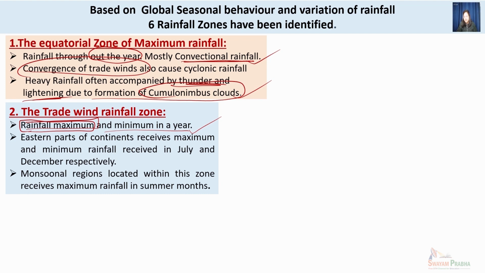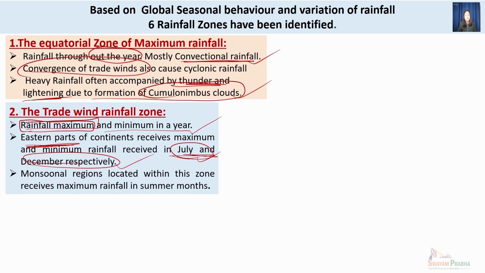The trade winds yield maximum precipitation mainly in the form of rain, and this rainfall is mostly experienced in the eastern part of the continents because of the onshore trade winds which pick up moisture while entering the continental territories. So the eastern part of the continents in this zone receives more rainfall, and the rainfall is concentrated primarily in the summer time periods, while the winter periods receive very, very less rainfall.